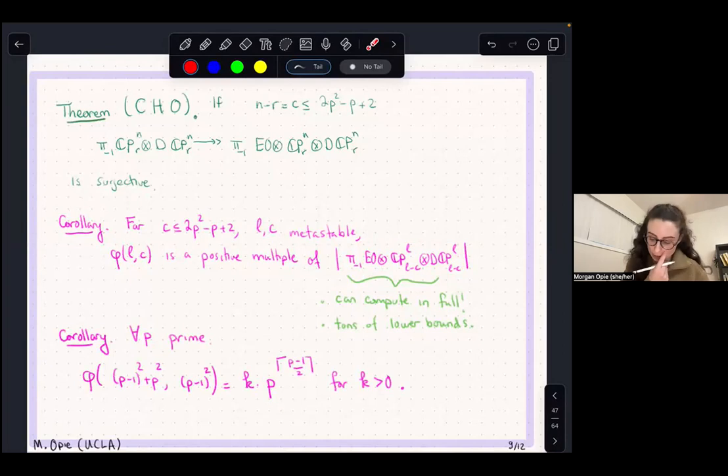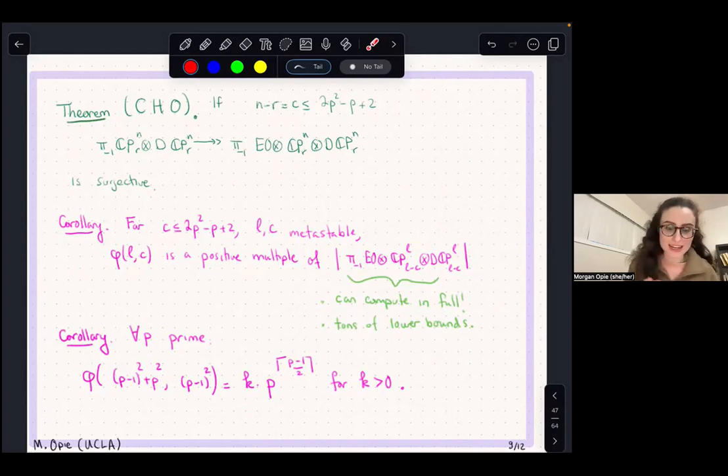So for example, out of this computation, which is quite complicated in full, just in terms of writing down a closed formula, we get a number of concrete results. For example, if you look at the number of co-rank (p−1)² bundles on CP^((p−1)²+p²), this is some positive multiple of p^((p−1)/2).